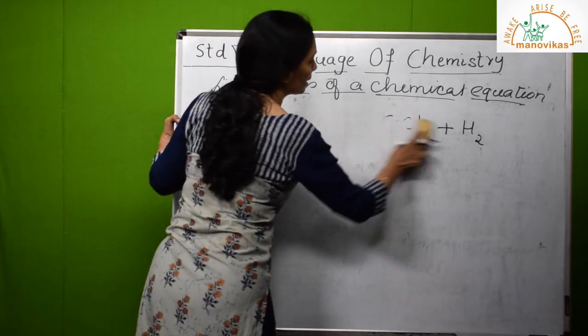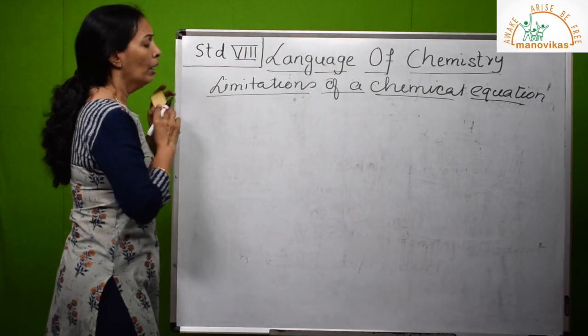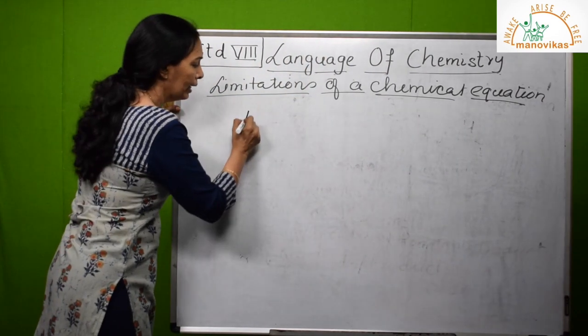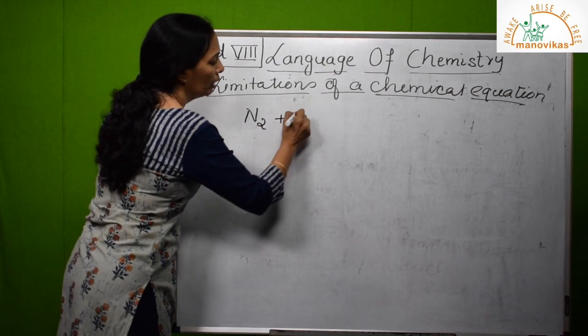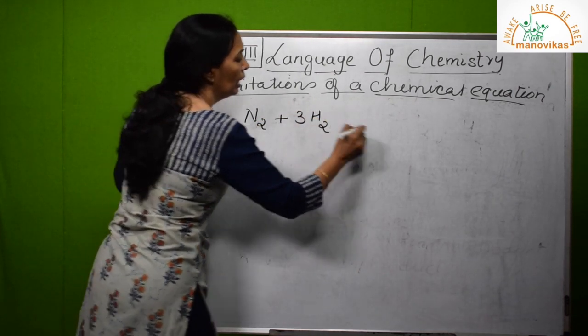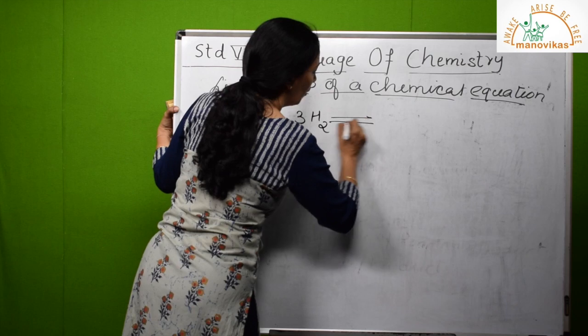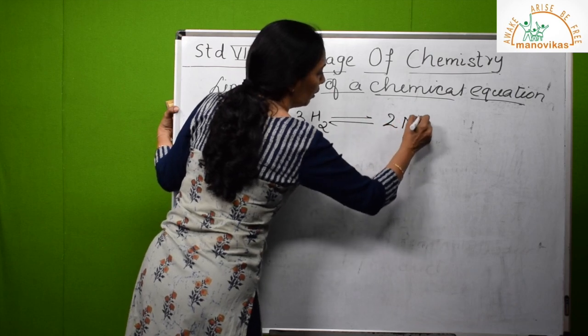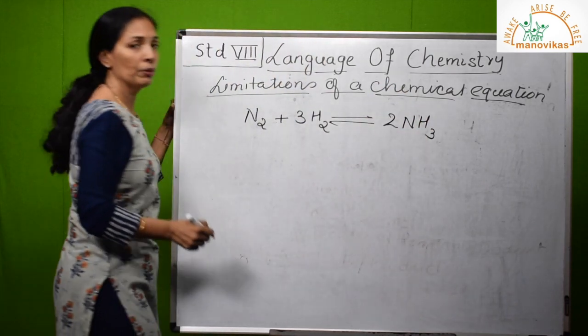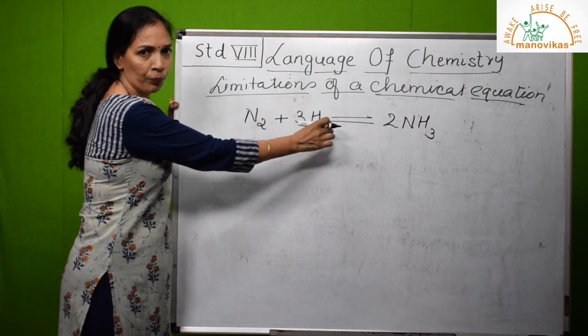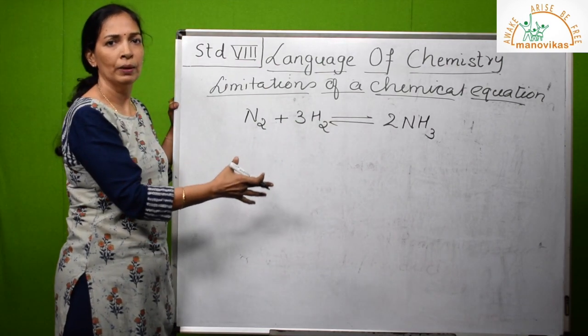To overcome these limitations, I will give another example. Nitrogen combines with hydrogen and forms ammonia. If you put a reversible sign, we come to know whether it is reversible or not.